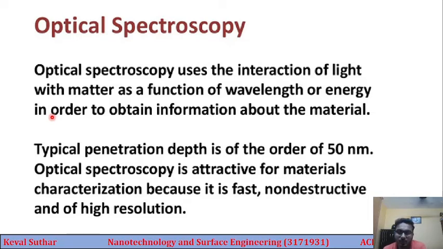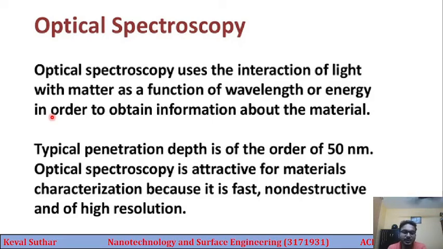So our goal is to obtain some details about the materials, and for that we use the interaction of the light with that material, and we get some output in the form of a function of wavelength or energy. That is the way optical spectroscopy works.